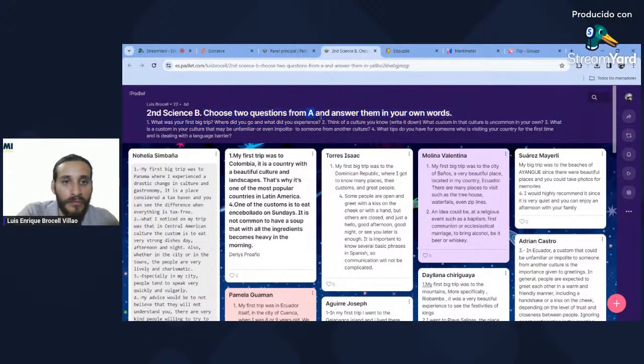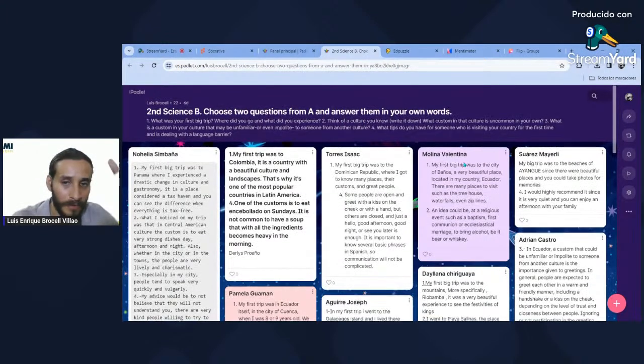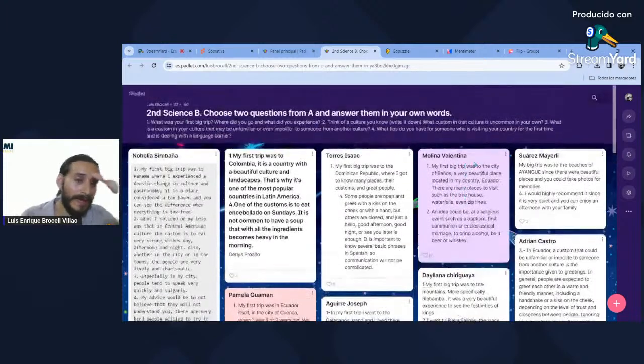Choose two questions from A and answer them in your own words. I adapted this from our classroom student book and turned it into a Padlet. Why? Because I want them to write their answers and share with the whole class, without pressuring them to speak in public.